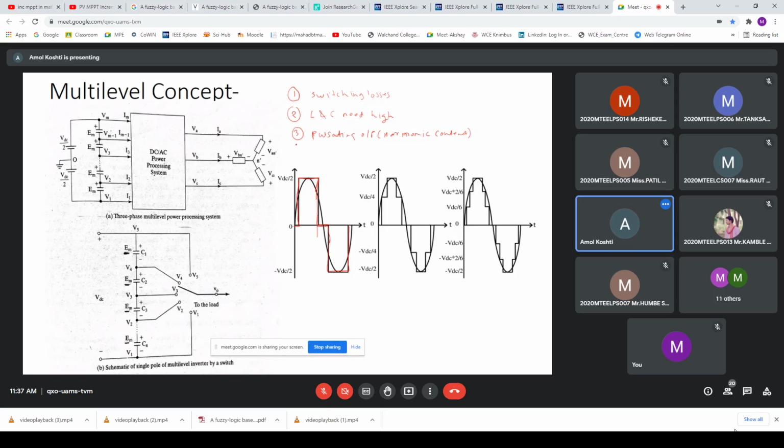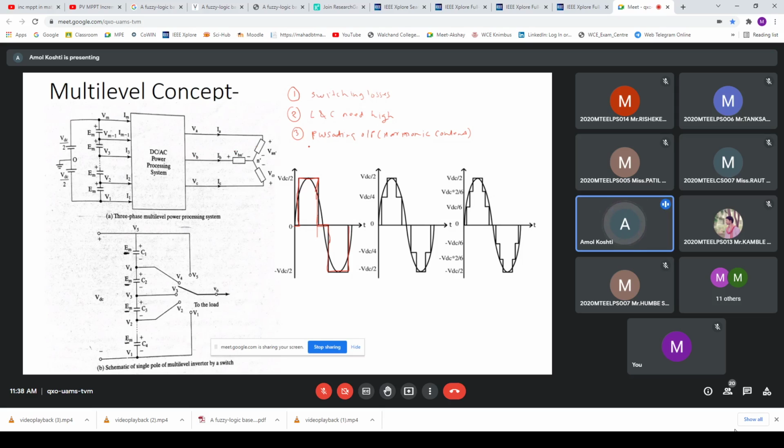For 120 and 180 degree conduction there is a mathematical formulation. We have not included it yesterday because we have already covered this. But if you refer to the book, the formula is derived there for the output voltage, and from that output voltage we find out how many harmonic contents are there.